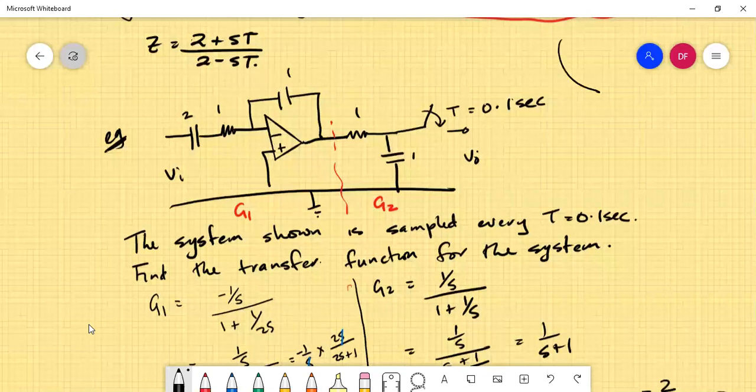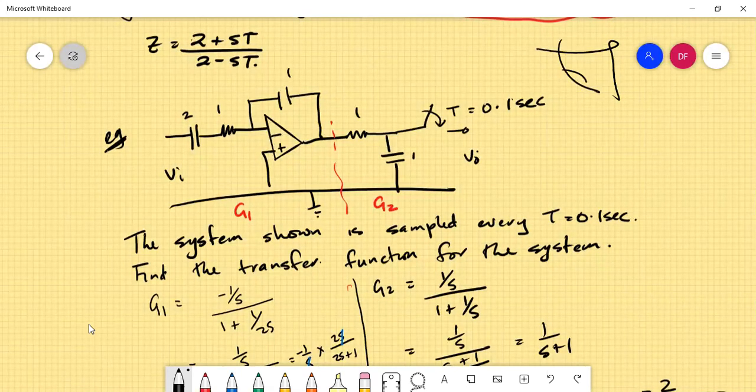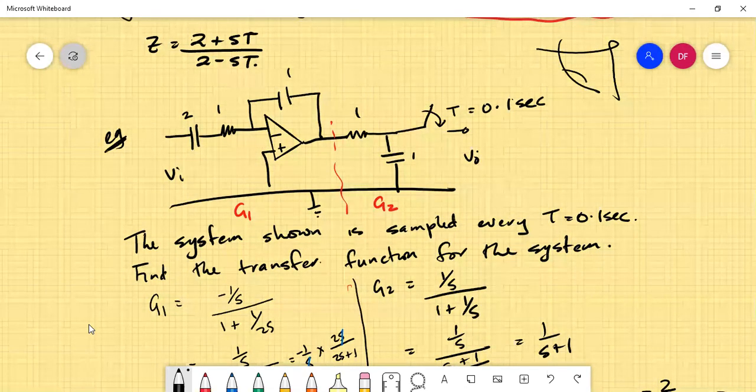This is where we started. So this is the system that we are looking at, and it's a discretized system. So we want an equation to represent my output and my input. So the Z transform and the Z equation gives me a mathematical representation between my output and my input.